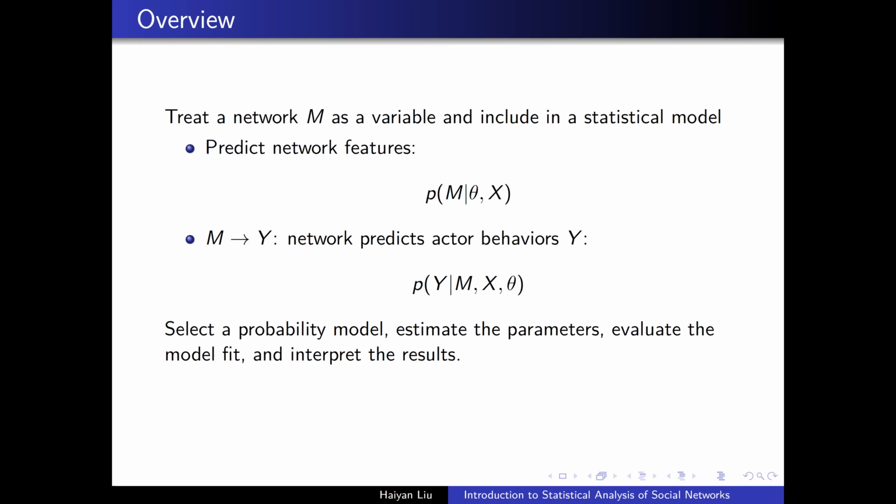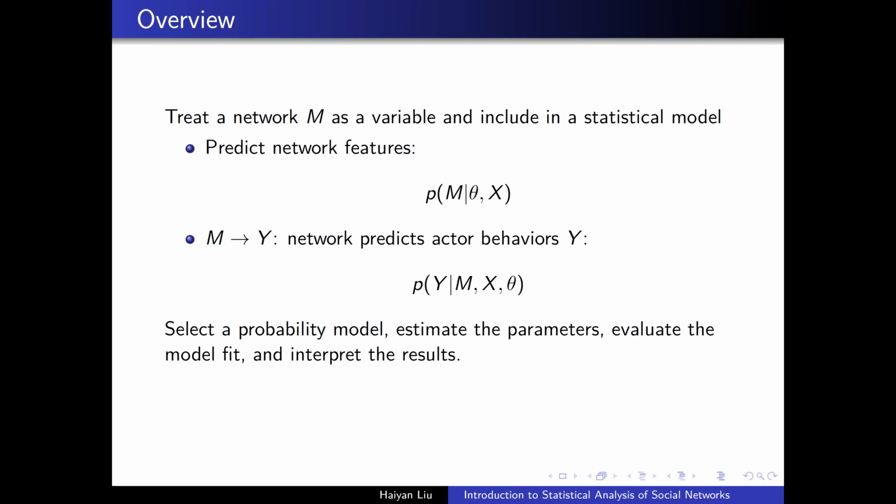To understand the relationship of a network with other variables, we need to first select a probability distribution based on the outcome variable. We also need to have a hypothetical model format, which will help us to address our research interest. After we have a hypothetical model structure, we then need to estimate the parameters in the model. We also need to evaluate the model fit to understand whether the hypothetical model fits the data well or not.